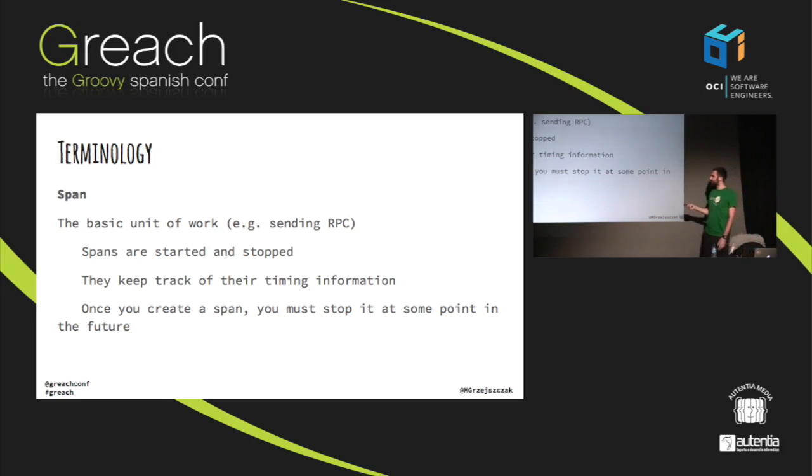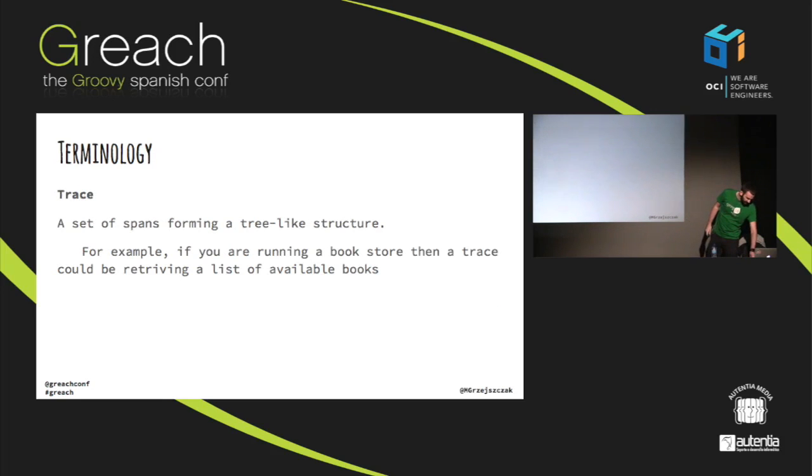And once you create a span, you must stop it at some point in the future. We do test that also in the end-to-end test. So even though everything seems to be working, we want to ensure that there are no stupid issues, no warning messages and stuff like that. Okay, so now we know what a span is, so let's move to what a trace is.